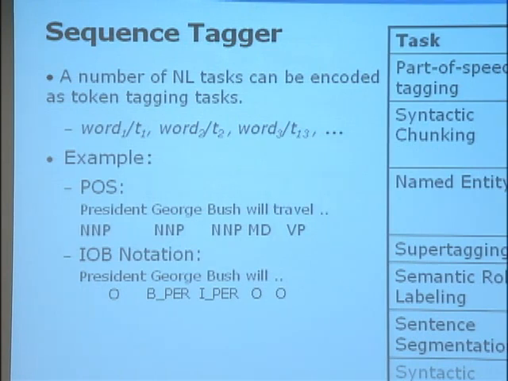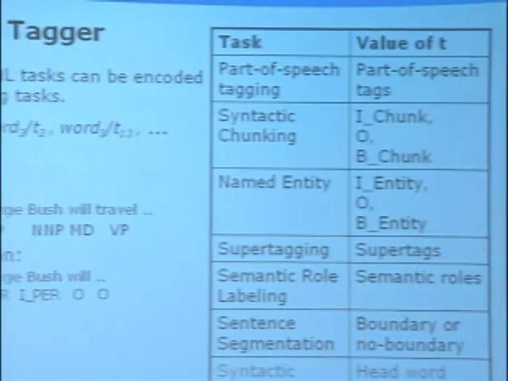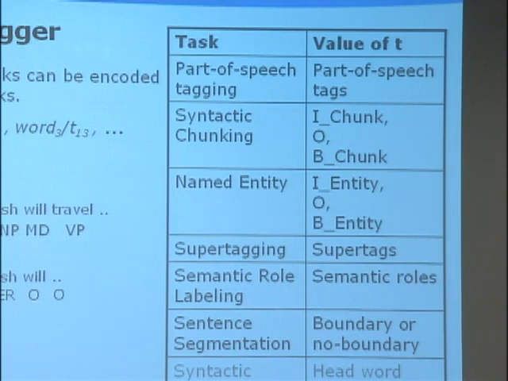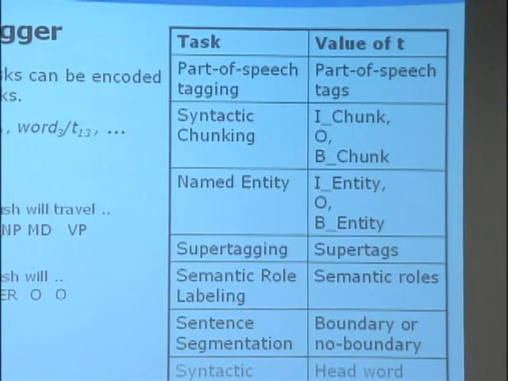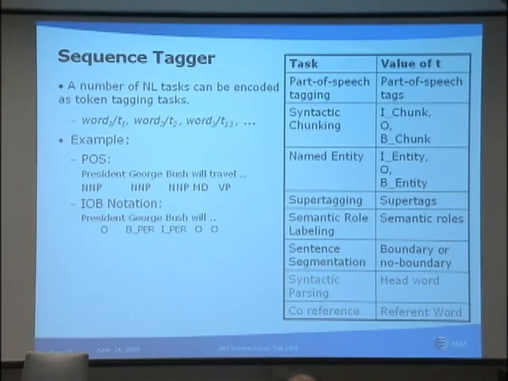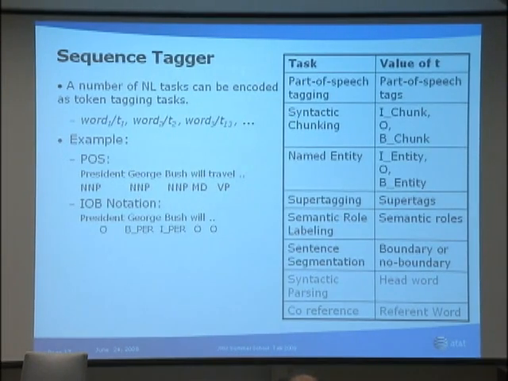So part of speech tagging is very clear. The tags here are basically noun, verb, adjective, or NN, whatever tags that you make up. For example, in President George Bush will travel, you have NNPs, and each word has a clear tag.